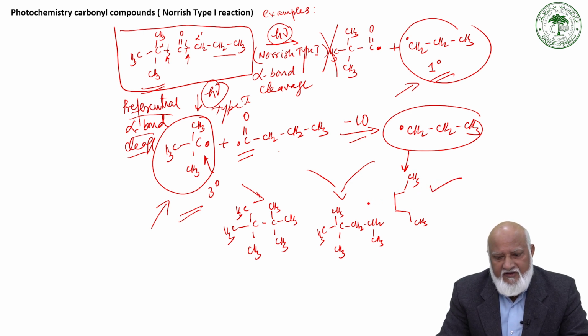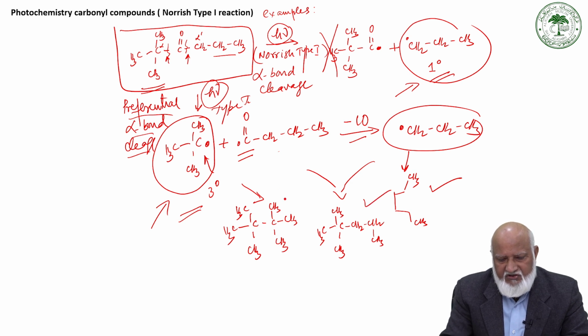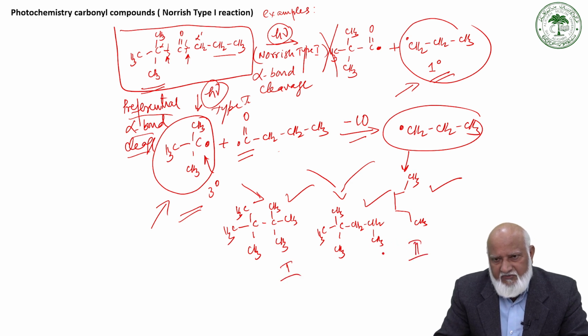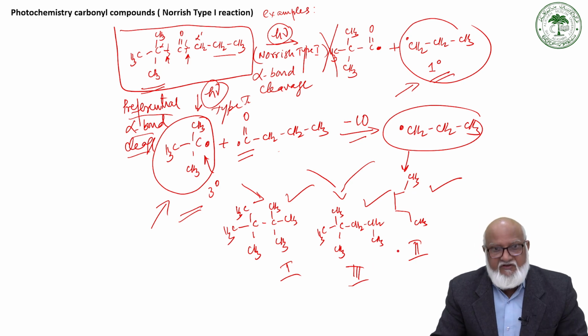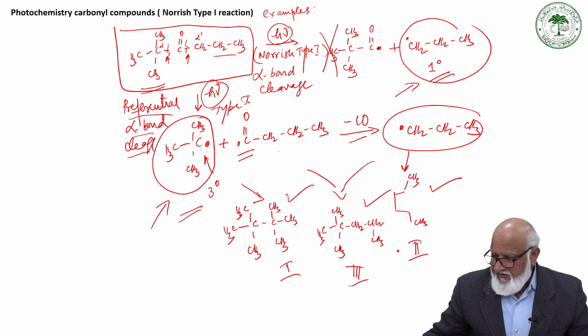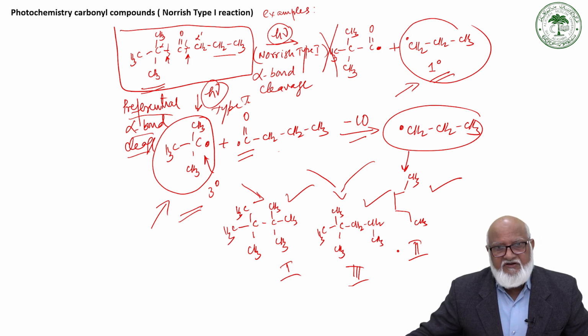So higher alkanes are formed. Numbers 1 and 2 are dimerization of these carbon centered radicals, and the third is the coupling of both the radicals which form after the alpha bond cleavage and the decarbonylation reaction.